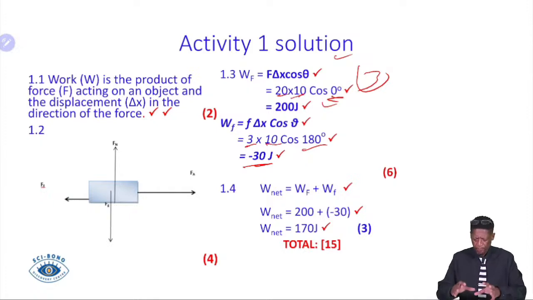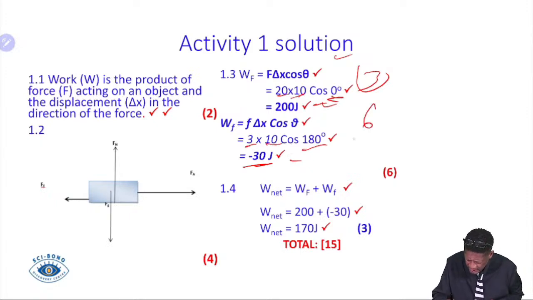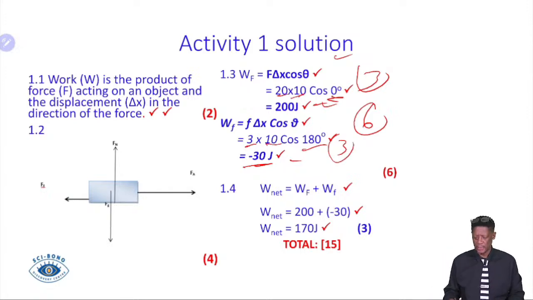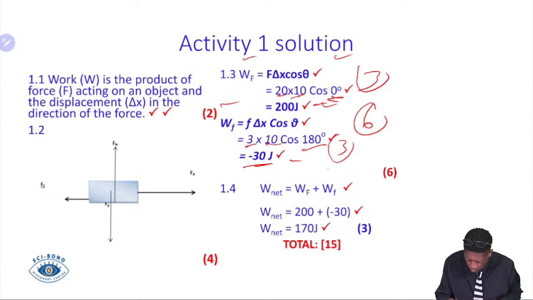Now, they say the net work that has been done. We are going to add the two. You are adding your answers. Remember, you got 3 marks, then it's 6 marks, right? You got your 6 marks, then the other 3 marks is for you. Then you say W net, which is all the work that is there, is going to be W_F plus W friction. Then you add the two.